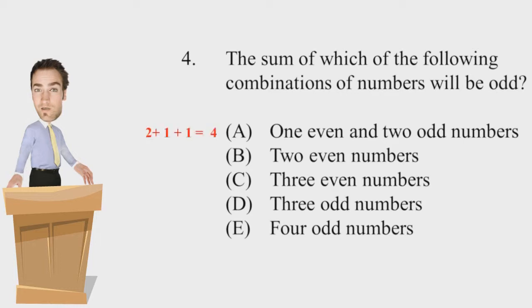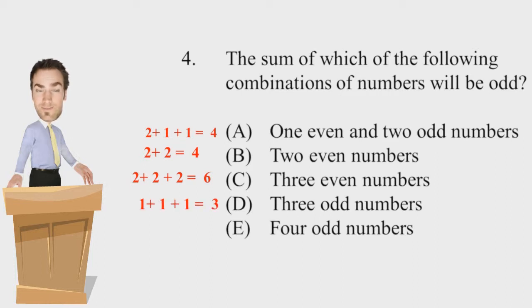Choice A says 1 even and 2 odd, so the even could be a 2, the odds could be a 1. If you add 2 plus 1 plus 1, you get 4. That doesn't work. 2 even numbers such as 2 plus 2 will equal 4. That doesn't work. Remember, you're trying to find an odd number. 3 even numbers, 2 plus 2 plus 2 would be 6. That doesn't work.